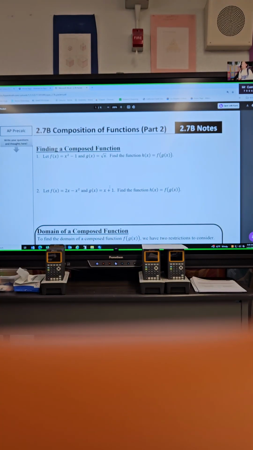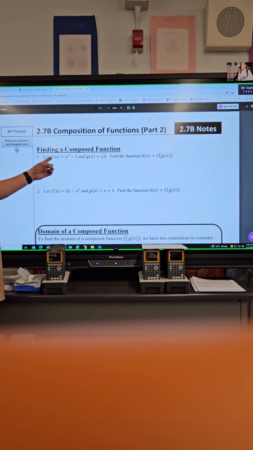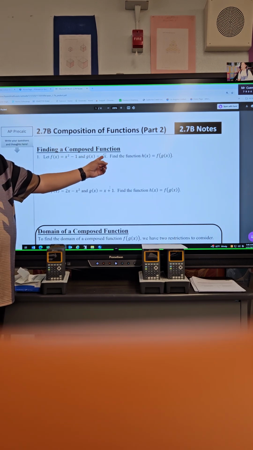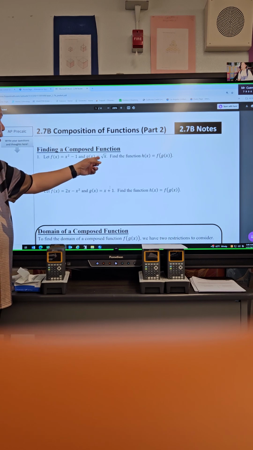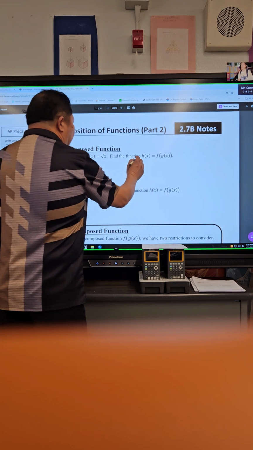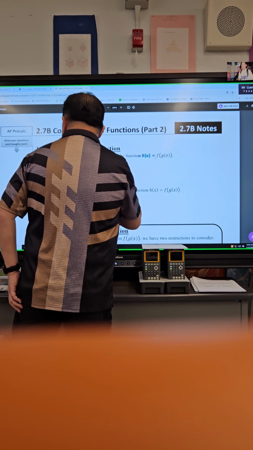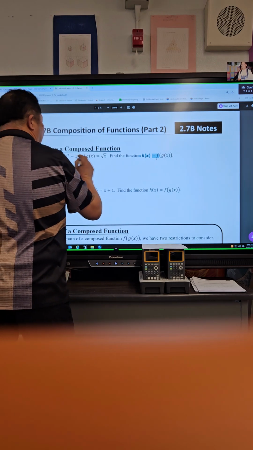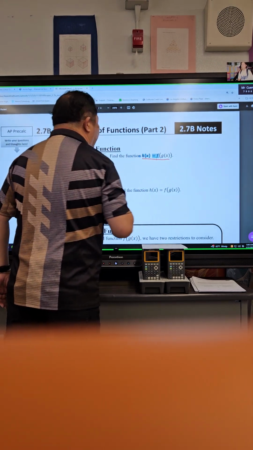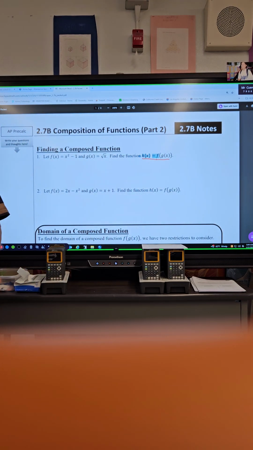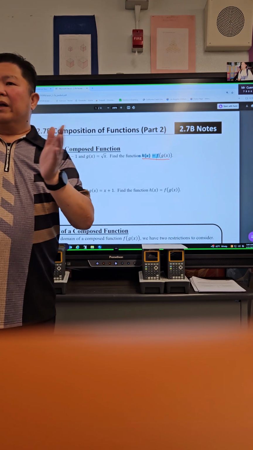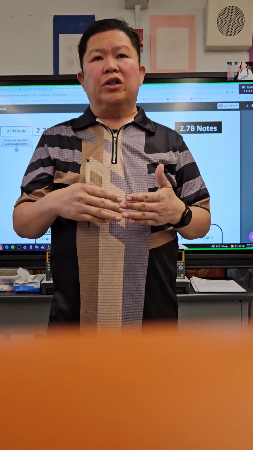It says right here, let f of x is equal to x squared minus 1, and g of x is square root of x, and find the function h of x is equal to f of g of x, meaning whatever is the result of the f function composed with the g function, the result is the h function.